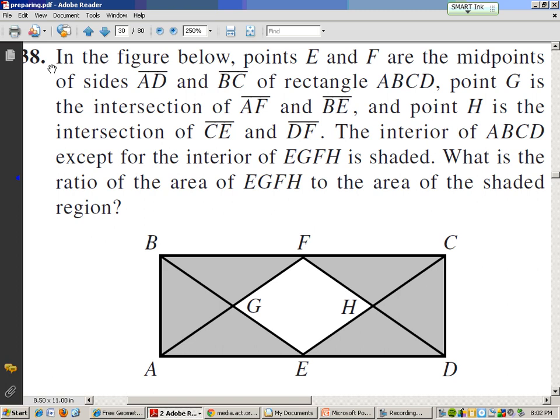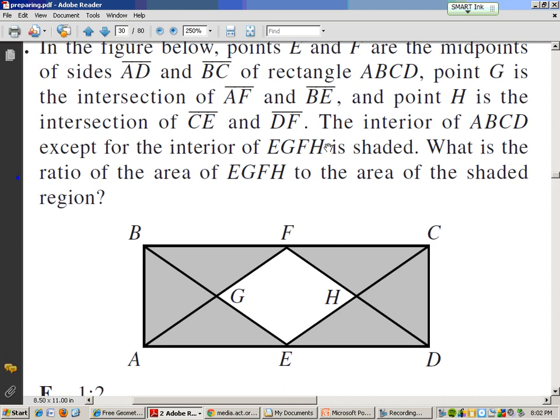All right, so in the figure below, points E and F are the midpoints of sides AD and BC of the rectangle, and so on. Point G is the intersection. Okay, let's just go. What's the ratio of the area of that to the area of the shaded region? So basically, I want to find this area here.